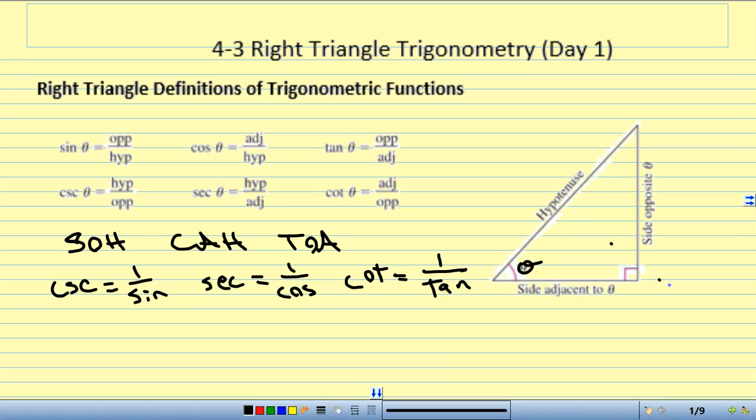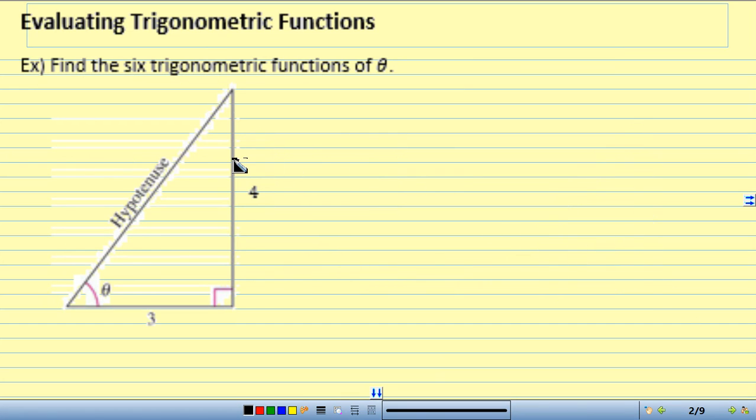So we have the 6 trig functions that we need to evaluate. You're going to use the Pythagorean theorem to find the third side, because they like to leave off the third side. Pythagorean theorem, a squared plus b squared equals c squared. You should know that. So the third side's 5.